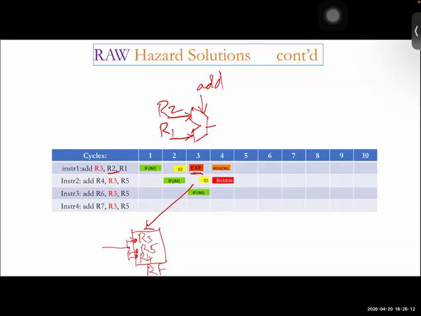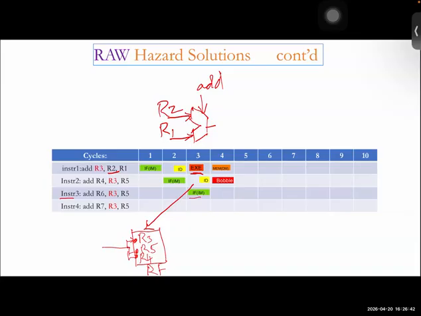So instruction 2 is still in the instruction decode stage only, not moved into the execution stage. When instruction 2 is in the instruction decode stage, instruction 3 will remain in the instruction fetching stage only. It will not move forward to the next stage, because the pipe is one-way direction.